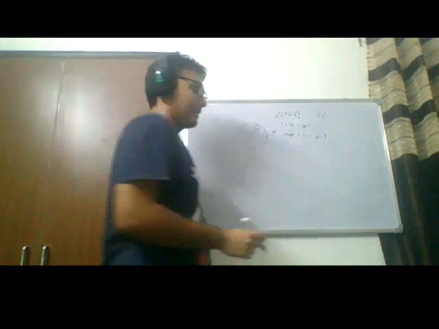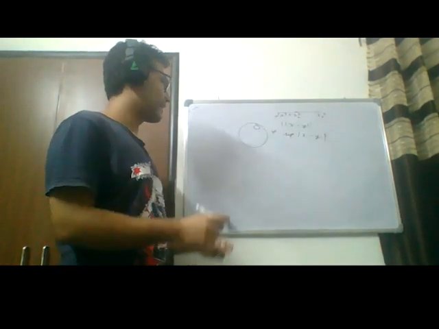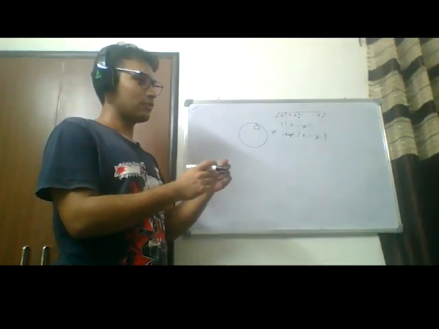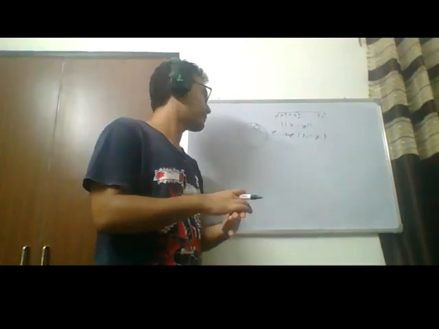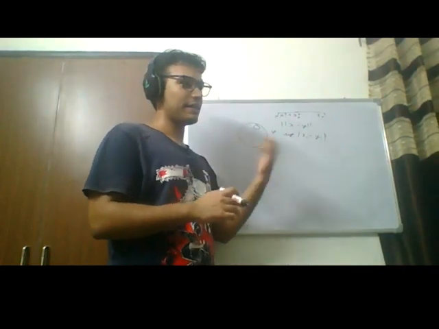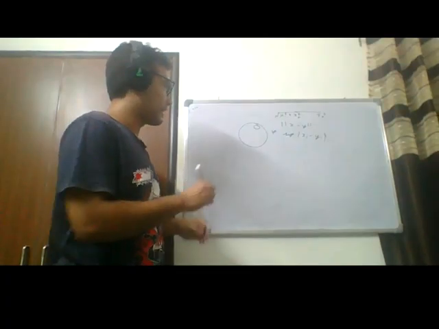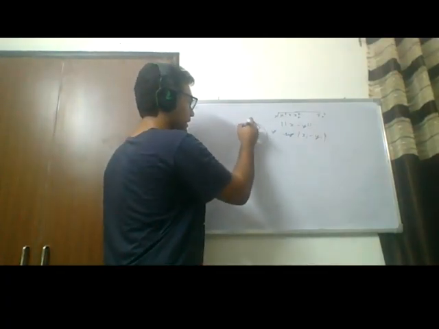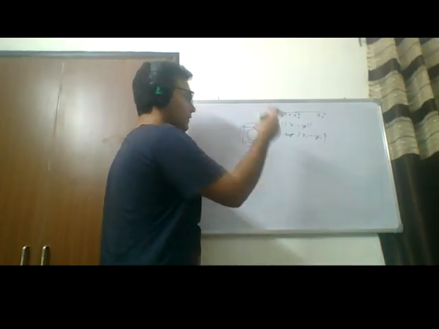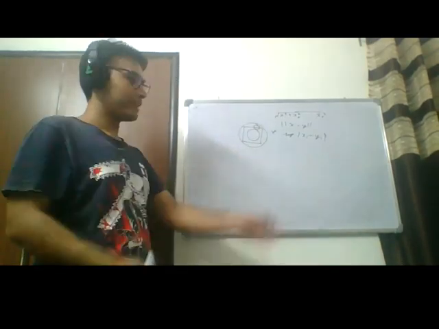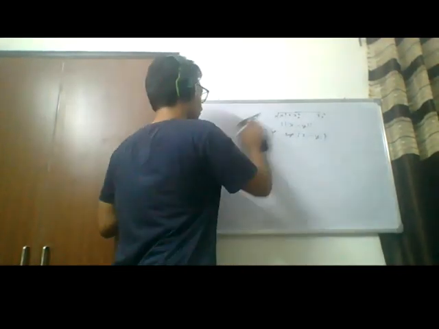These lead to squares and these lead to circles, the general n-dimensional sphere, and these lead to the n-dimensional cuboid if you want to generalize it further. Essentially, since inside a circle there's always a square, and inside a square there's always a circle, we're going to eventually prove that they generate the same topology.